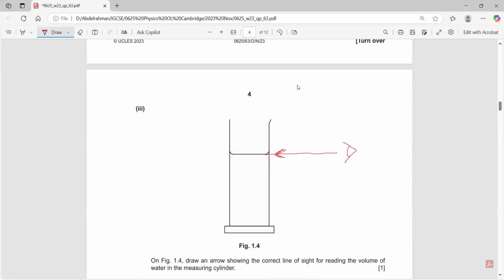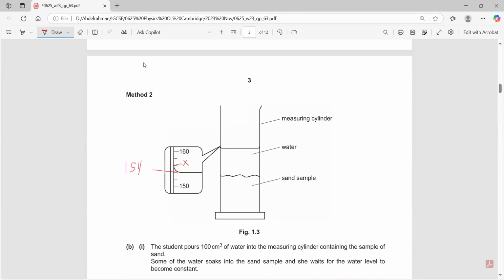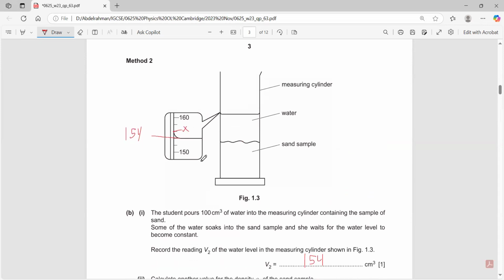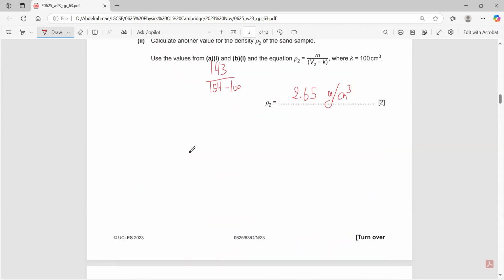For example, if we take the reading of this volume, it was 154. The graduations here are a bit too large. You keep on increasing by 2 centimeters cubed, right? Is this sufficient? No. A smaller graduation might be a lot more accurate.